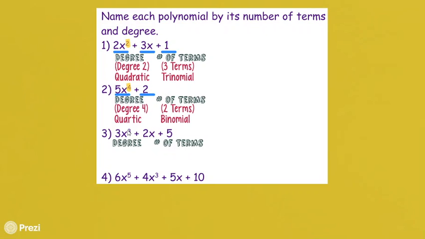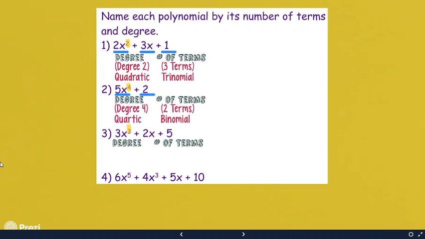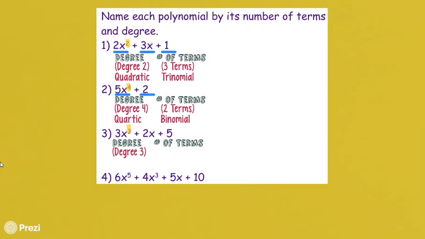So it's a degree 3 polynomial, which the special name for degree 3 is cubic. Nice job, you guys. Okay, and then we have a total of 1, 2, 3 terms, and the special name for 3 terms is a trinomial. So this is a cubic trinomial.